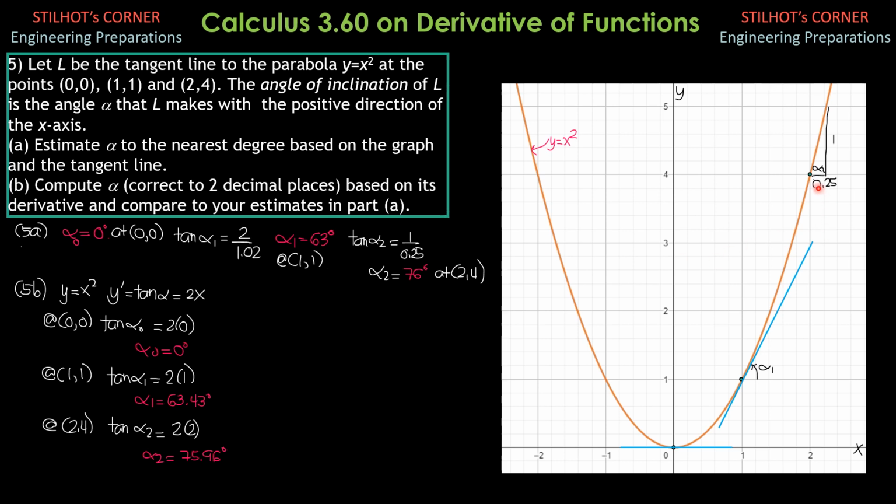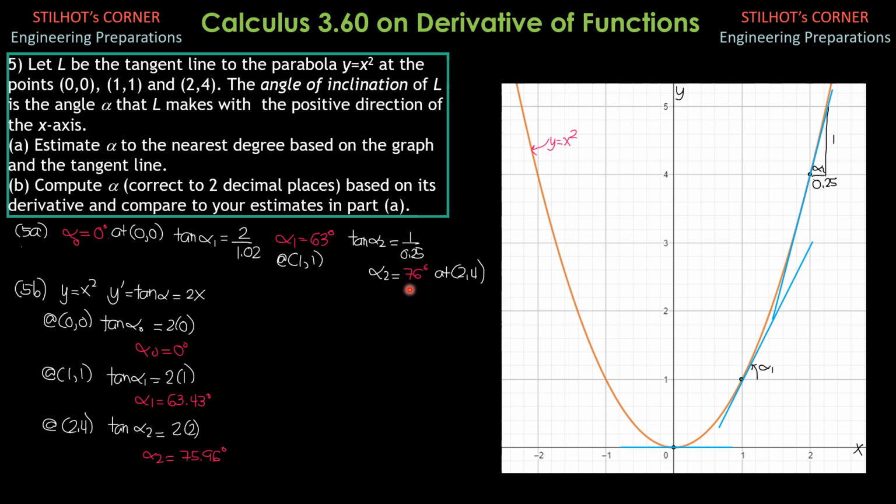Likewise, at point (2, 4), the tangent is this, and this is approximated as 1, and this is 0.25 from the figure. So tangent of alpha 2 is 1 over 0.25, and 1 over 0.25 is 4.